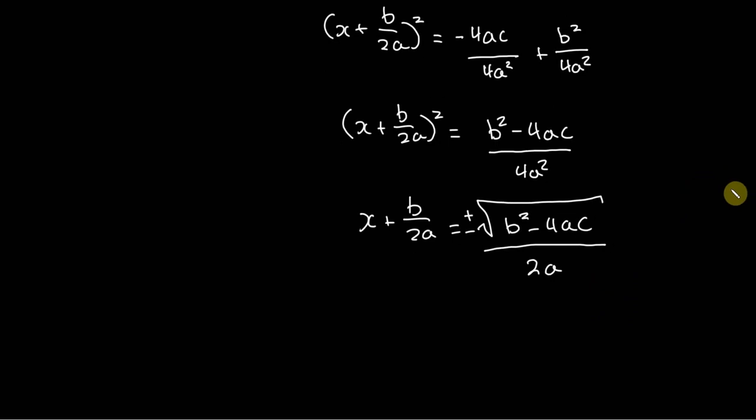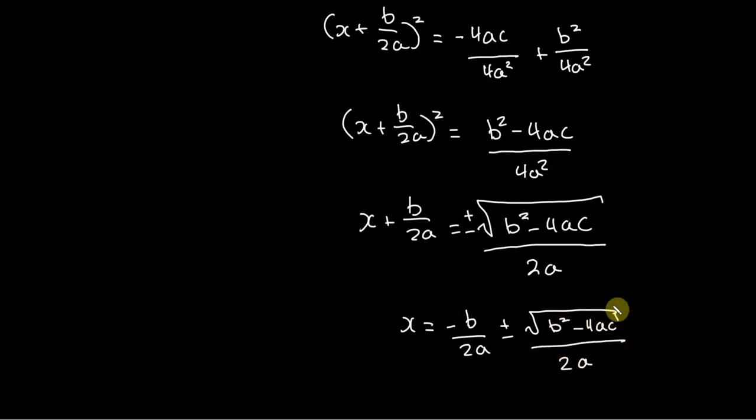And now, I suppose, the final step is, and one might already recognize what needs to happen, because again we're just going to transpose the b over 2a term here, okay? In other words, we're just going to subtract it from both sides. And what does that leave us? Well, that's going to leave us with x equals minus b over 2a plus or minus the root of b squared minus 4ac, all of that over 2a.